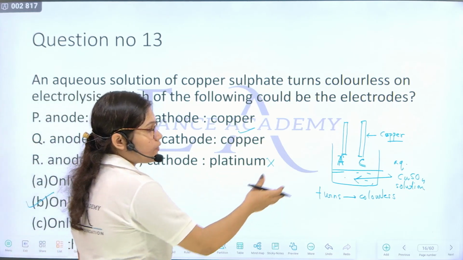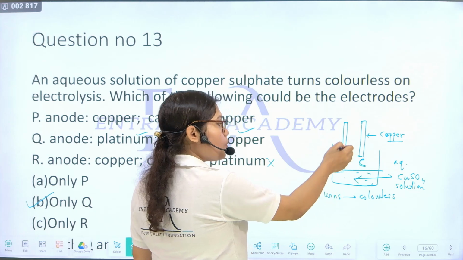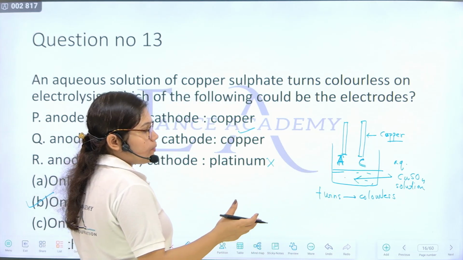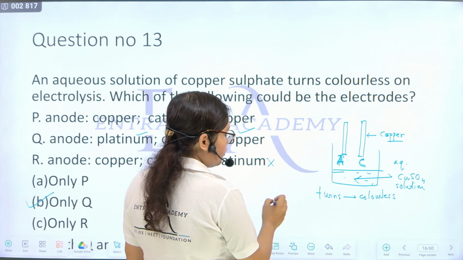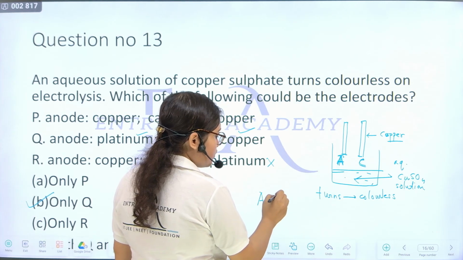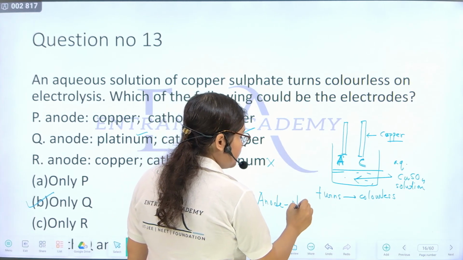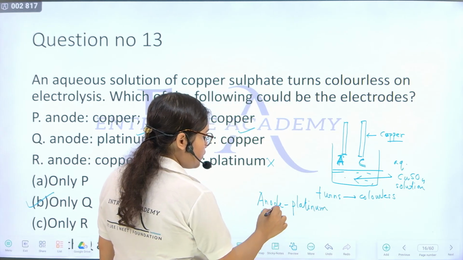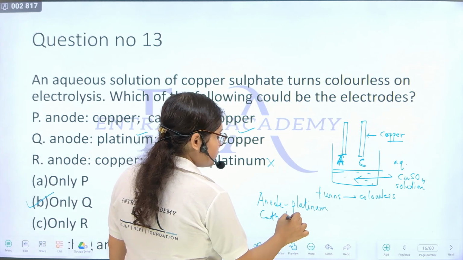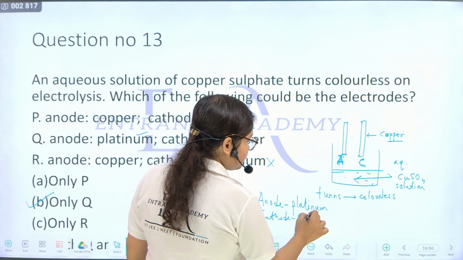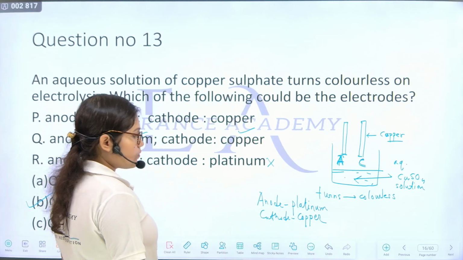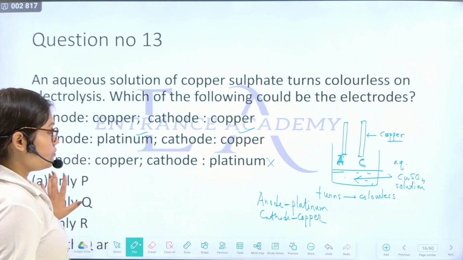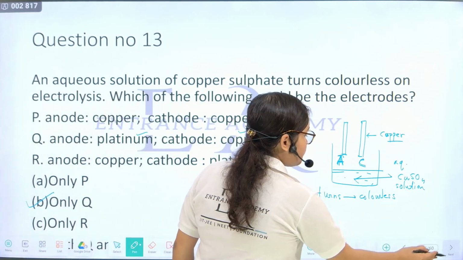If we have a copper cathode and copper anode, the color is not colorless, so we need to use a platinum anode. Anode is platinum and cathode is copper. So the answer is only Q. Next one.